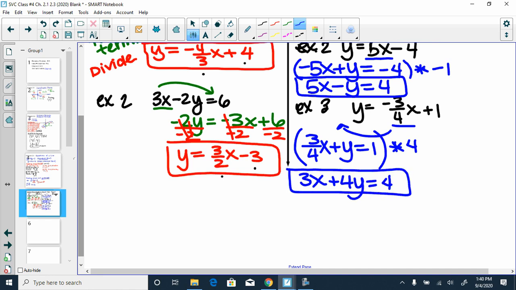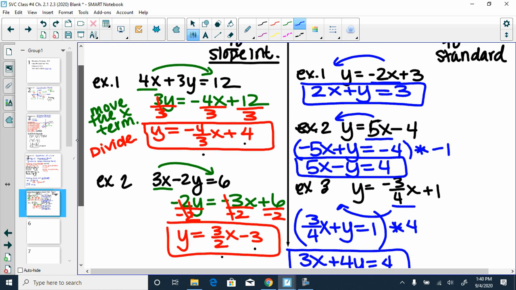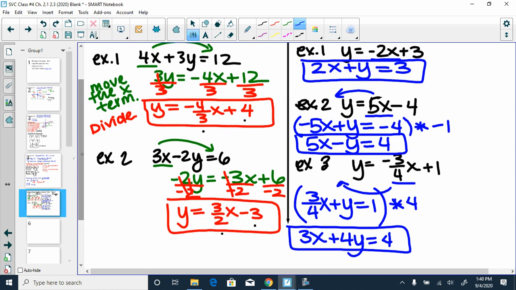Simple multiplication to get rid of negatives out in front for the x term, and also how to get rid of a fraction. You can just multiply by the denominator. Okay, so I do have a couple of those on the quiz where you will have to convert from standard to slope-intercept and vice versa, because I do think that's an important skill to have.